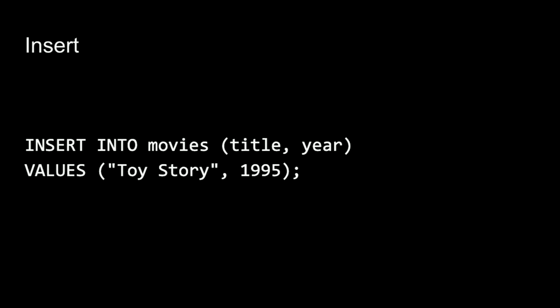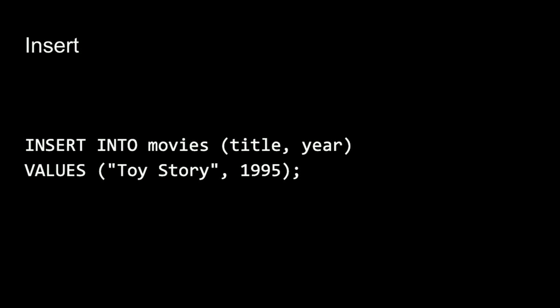All right, so now that we have this table, how do we add data to that table? To do that, here was the query we ran. We ran an insert query to insert data into the table. And the way that query worked is we said insert into what table? The movies table. And which columns am I going to specify values for come next? So in parentheses, title, comma, year, because I'm about to insert a value for a title and then a value for the year.